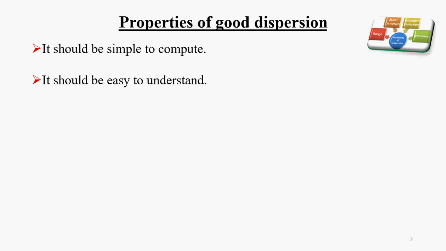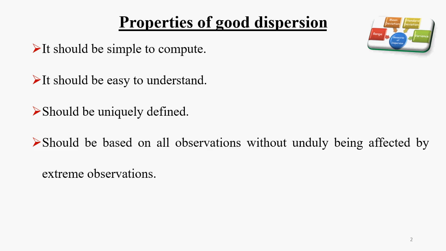The third, it should be uniquely defined, so that there won't be any distractions. And also, it should be based on all observations. Should not leave anything. You should take all observations without unduly being affected by extreme observations.